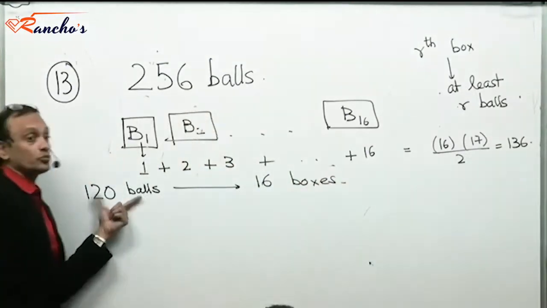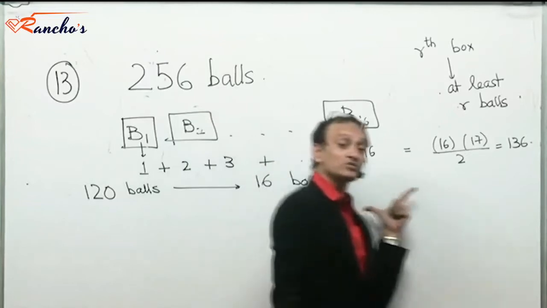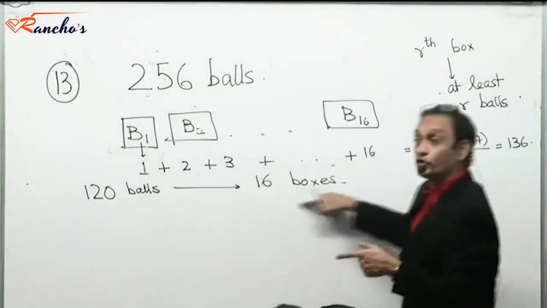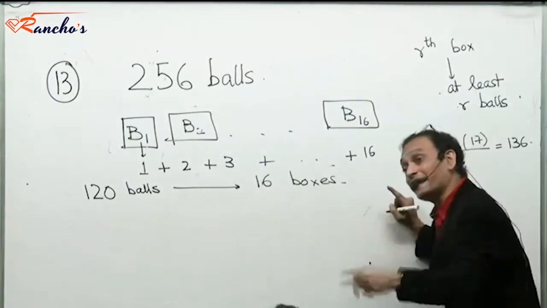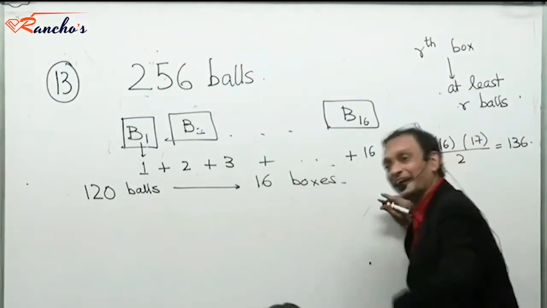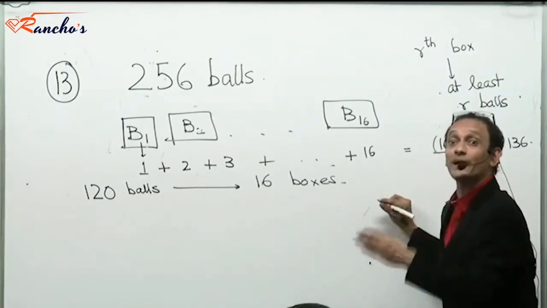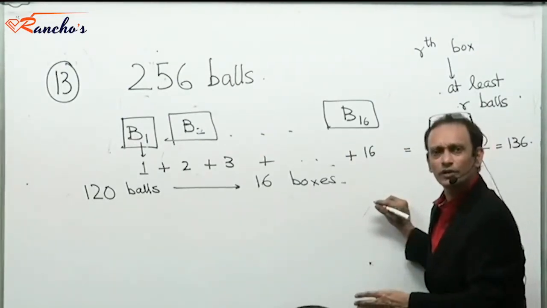N things to be distributed in R boxes, or given to R people, with one or more persons getting nothing. Yes or no? That is N plus R minus 1 C R minus 1. Do you remember that?